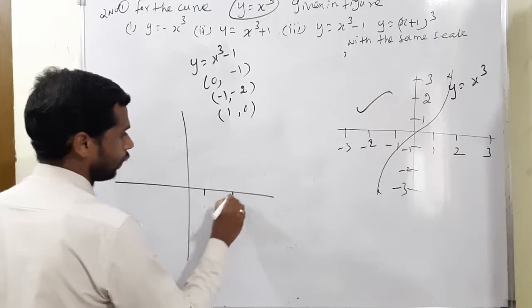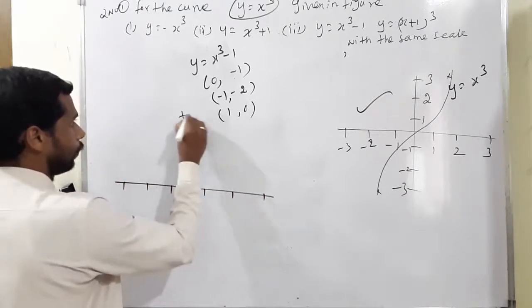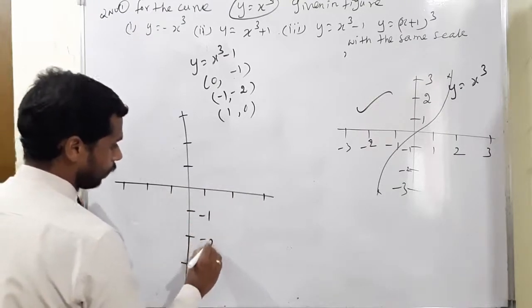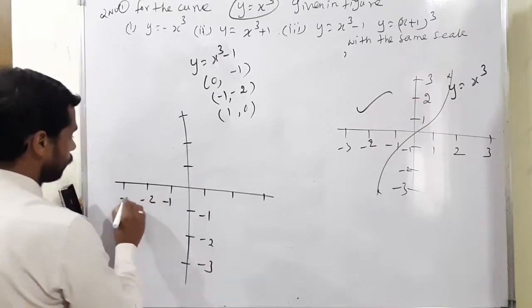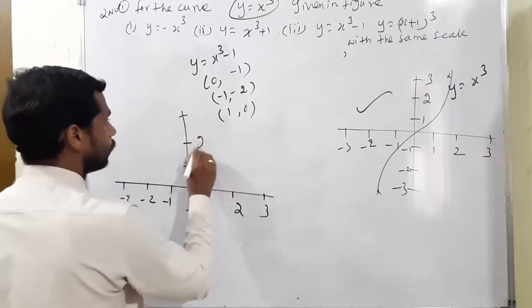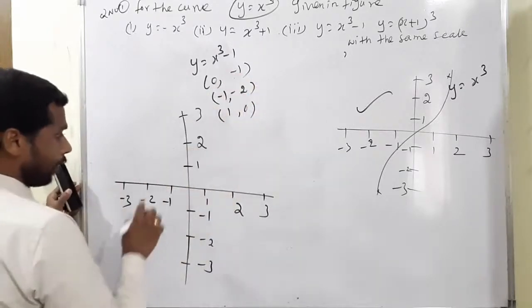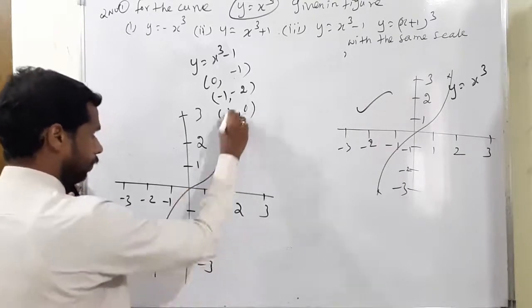The same axis, 1, 2, 3, minus 1, minus 2, minus 3. The point 0, comma minus 1: y is equal to minus 1. This is our original diagram.